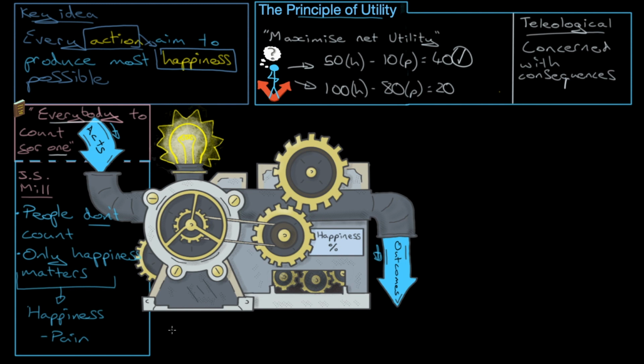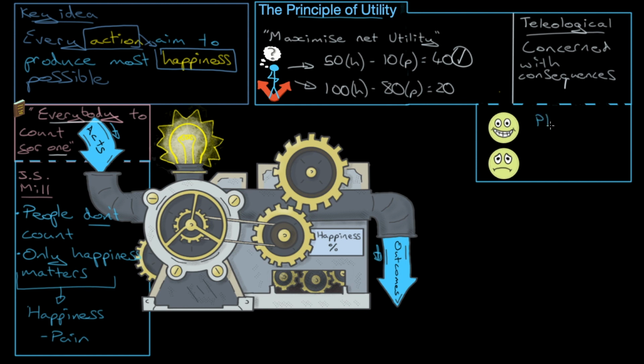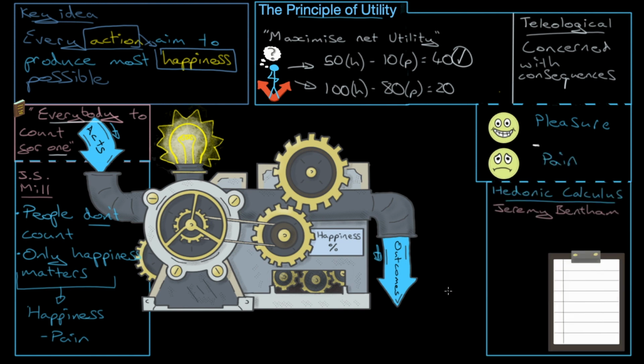And now we can turn to the workings of it a little bit more. So the happiness minus pain thing is essentially this. We work out how much pleasure would be produced in any particular set of outcomes, any particular set of consequences, and then we take away the pain. This is sometimes called the hedonic calculus, and this is Jeremy Bentham's idea.